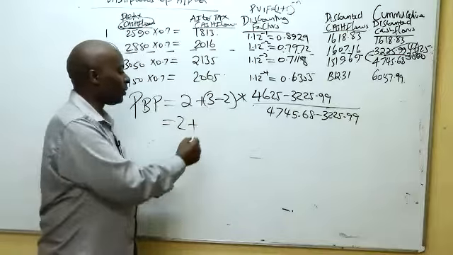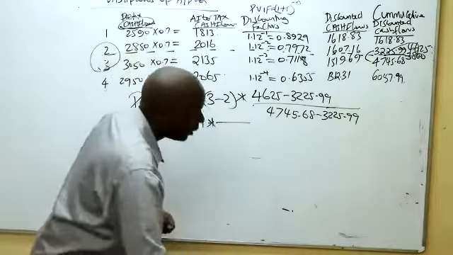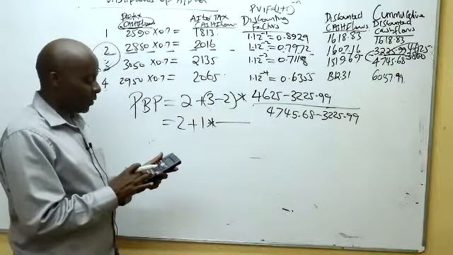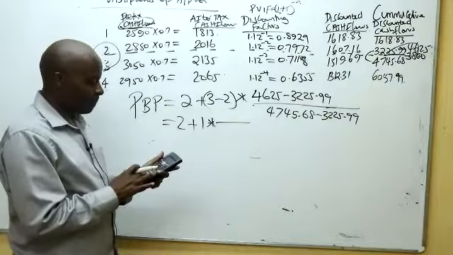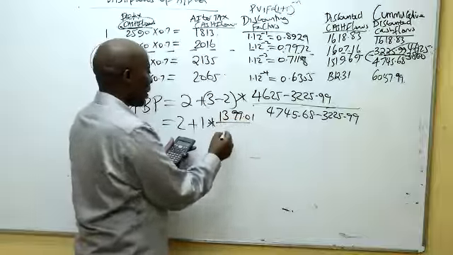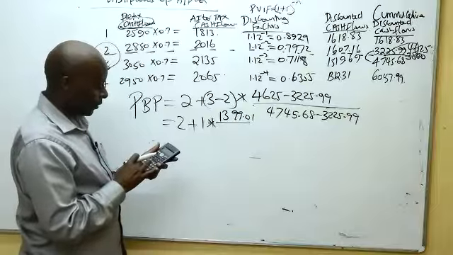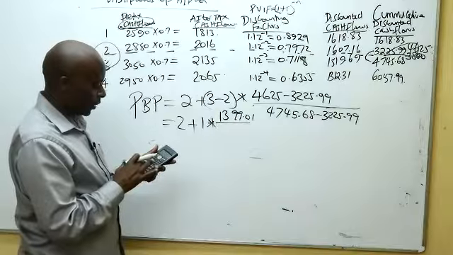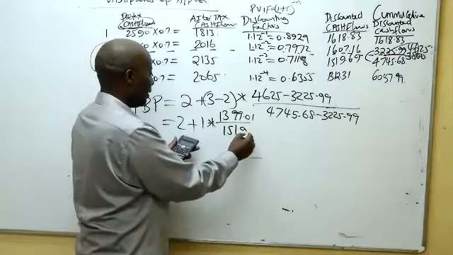3 minus 2 gives me 1 there, times the upper limit. Upper limit, what do we have? Upper limit, we have 4625 minus 3225.99, which gives me 1399.01, all over 4745.68 minus 3225.99, which gives me 1519.69.